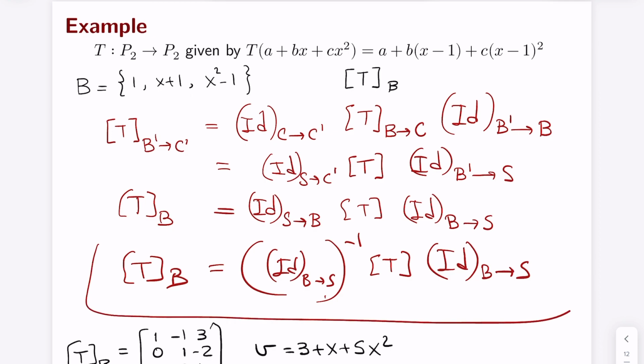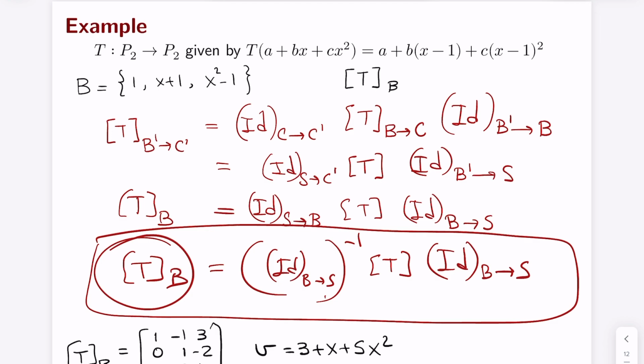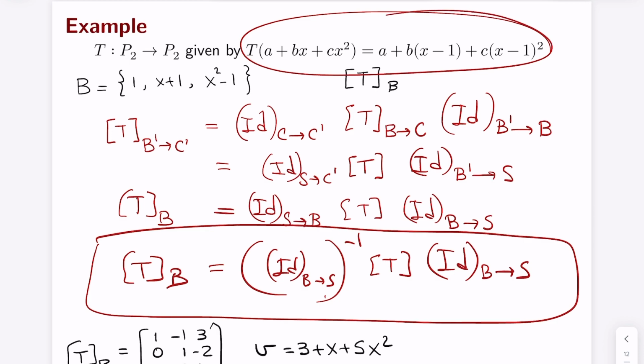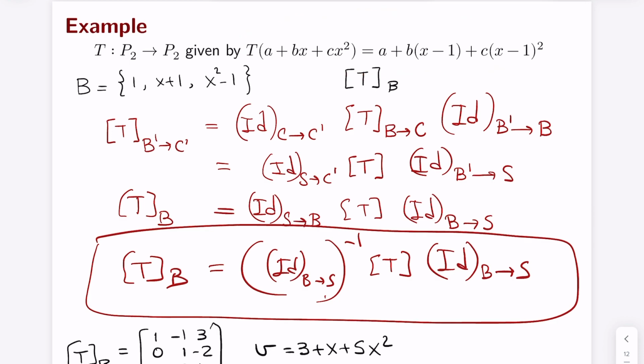So this formula tells us a way then to calculate this matrix by using a multiplication of three matrices, the three of them very easy to calculate. This one is just the base B, the vectors in B, written as columns. This one is the inverse of that matrix. And this one is transforming the standard bases according to the transformation and write them as columns. So let's do all that.